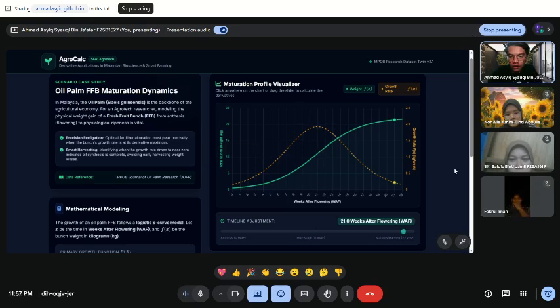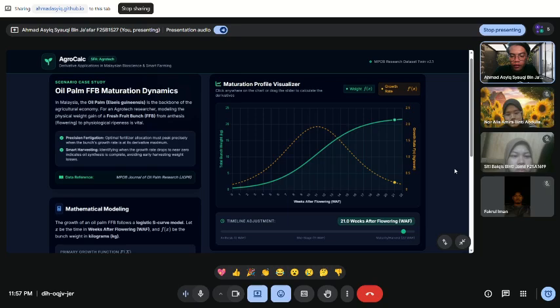Phase 3, physiological maturity and harvest at 20 WAF and beyond. By week 21, bunch weight plateaus near its maximum capacity of 21.37 kg.